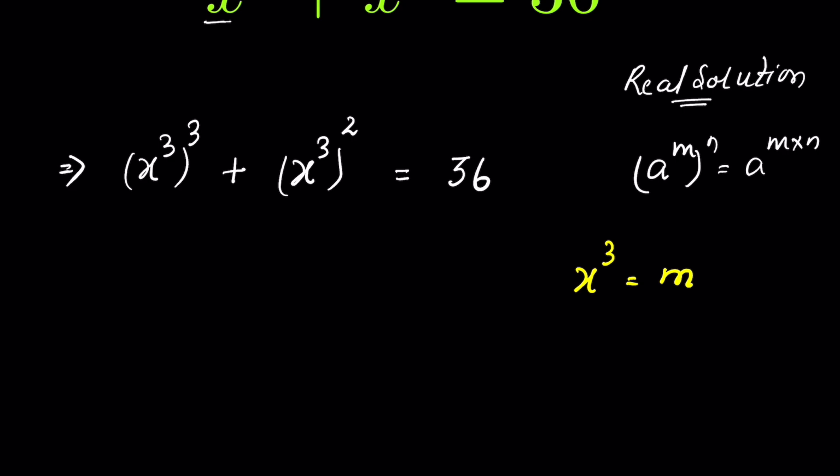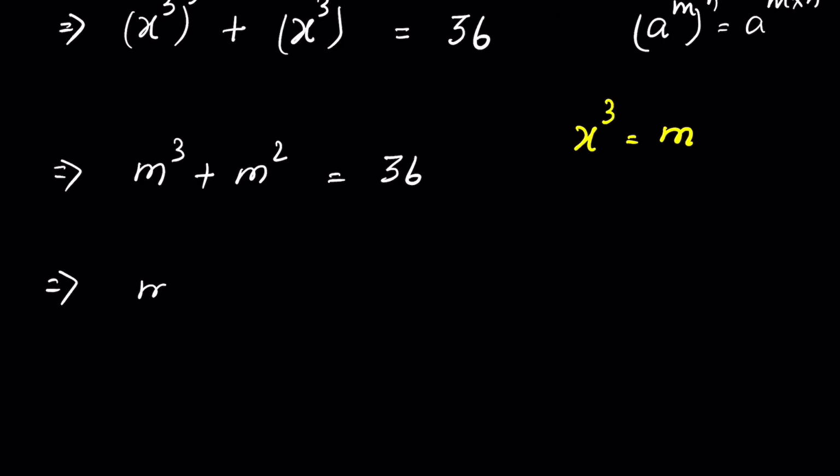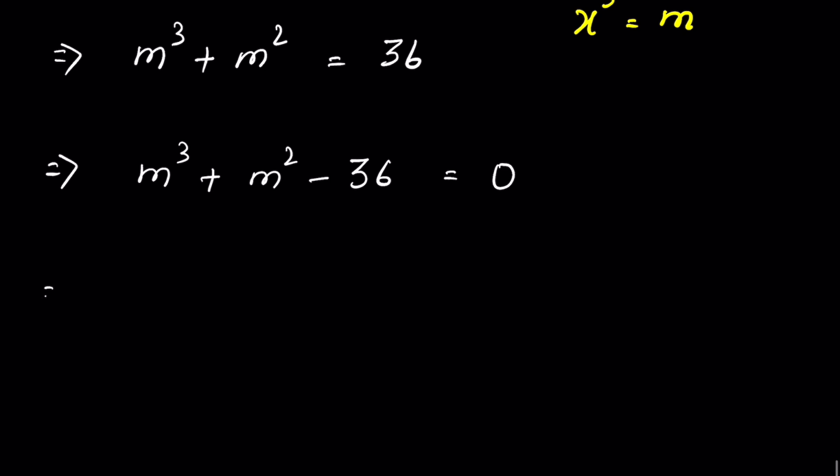In that case, we have m cube plus m square is equal to 36, or m cube plus m square minus 36 is equal to 0. We can write minus 36 as minus 27 minus 9 is equal to 0.